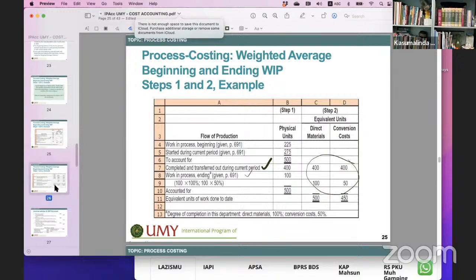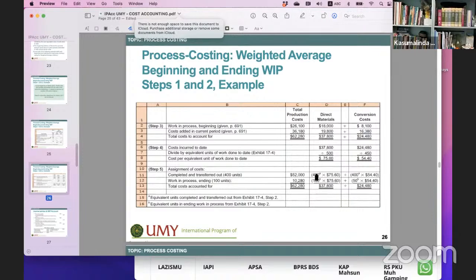So when we assign the cost, tadi, 400 untuk completed units and 100 for ending, and we multiply with the cost per equivalent unit, respectively. For the direct material, 75.60 cents. So we got everything here and we total up. We got this one.